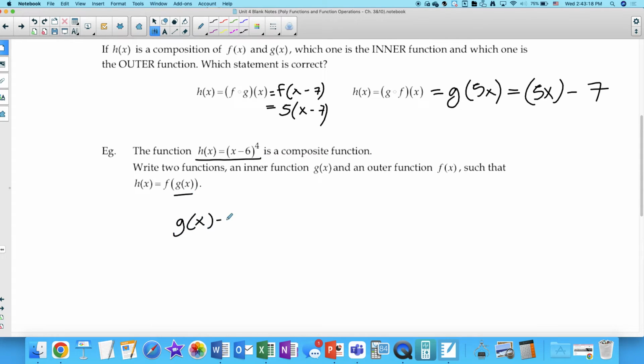I'm taking that, raising it to the power of 4. That means my outer function has to be something to the power of 4. Okay? And honestly, this is where these things are most valuable.